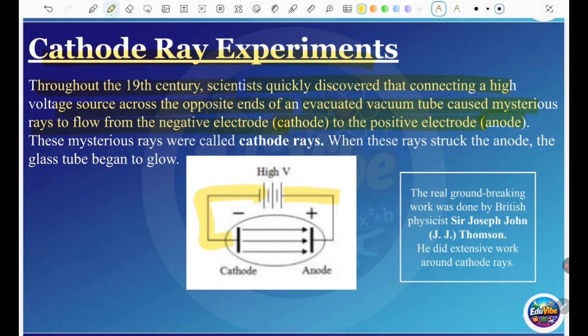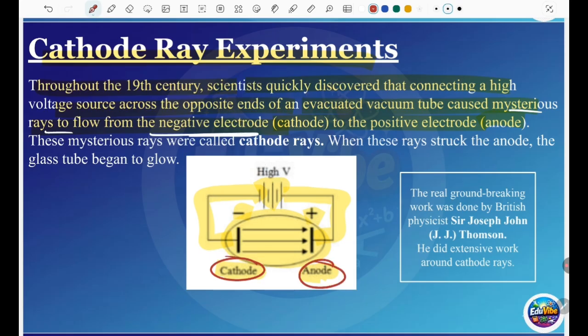We have that diagram here: a vacuum tube with a high voltage, with negative and positive charges, a cathode and an anode. When these are connected, the mysterious rays flow from the negative electrode, which is the cathode, to the positive electrode, which is the anode.